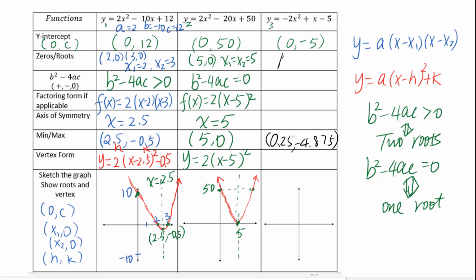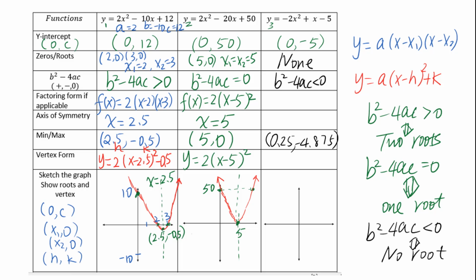So here's no root. B squared minus 4ac less than 0. Since no root, which means no factoring form, axis of symmetry is x equals 0.25. Remember, axis of symmetry is x equals h. And a maximum or minimum, that's h, k.